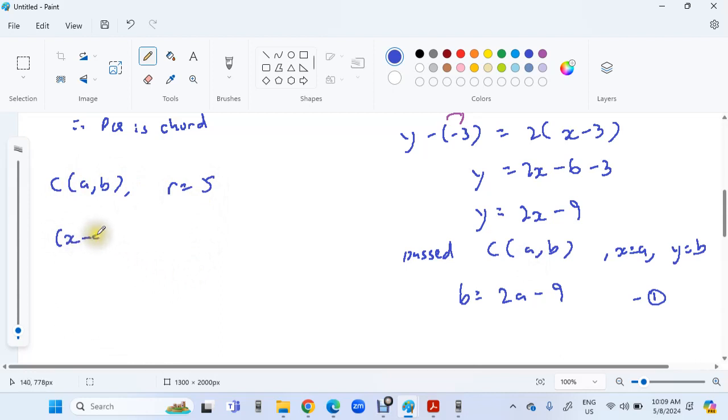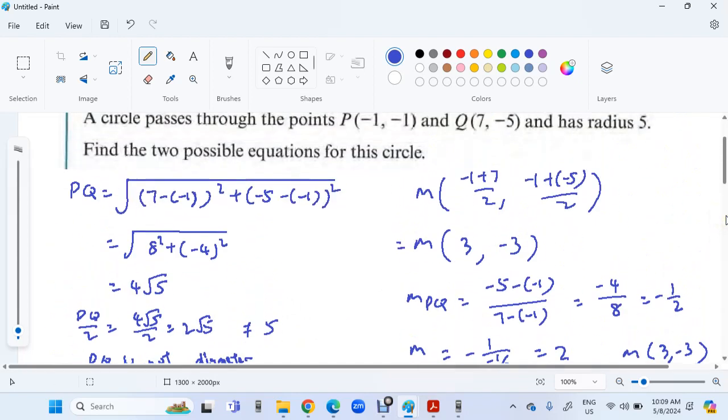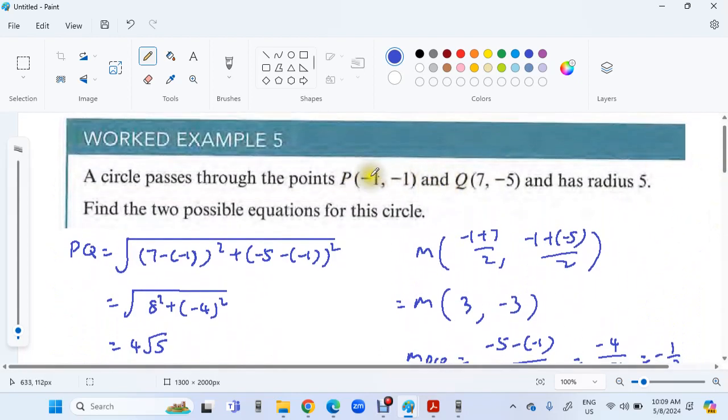Then we have (x - a) squared plus (y - b) squared equal to 5 squared. So we have (x - a) squared plus (y - b) squared equal to 25. So it passes through the points P and Q. Then I take either one. I found that P is easier.